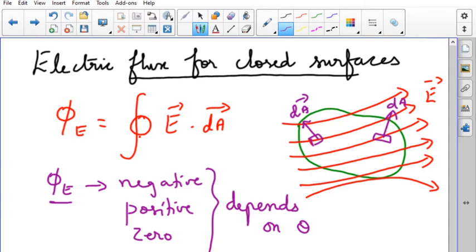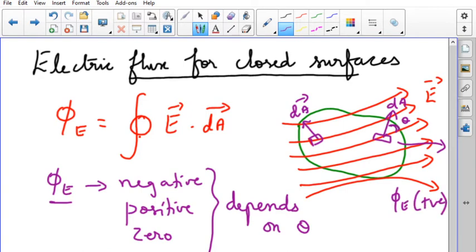So based on the angle of orientation, the theta value, the electric flux may be negative, positive or 0. So if you look at this diagram, then the angle between dA and E is less than 90 degree. In this case, the electric flux is positive.